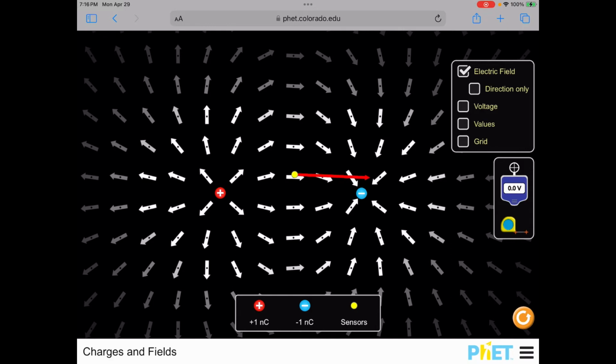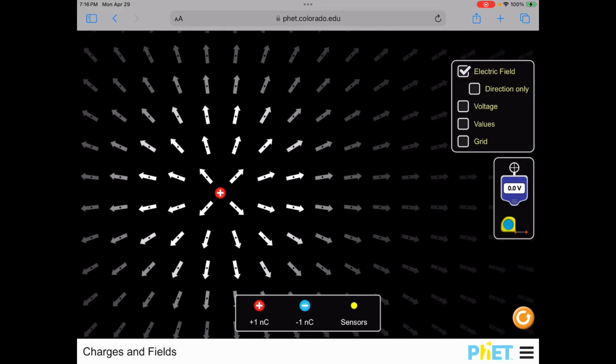And sure enough, that checks out, right? It would feel repelled to the right by the positive source charge if it were positive, but also attracted to the right by the negative. Okay, it would be repelled upward by the positive, and it would be attracted downward by the negative if it were a positive test charge, which is what we agree to imagine when we think about the electric field direction.